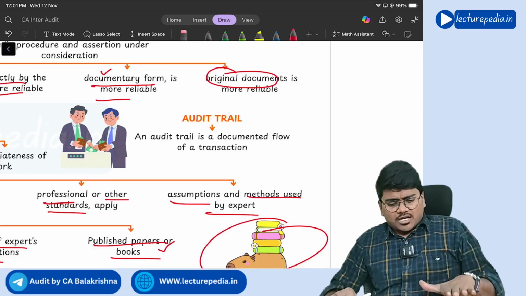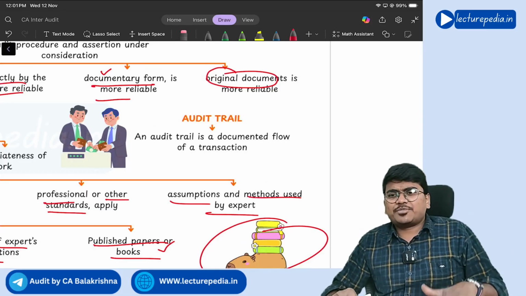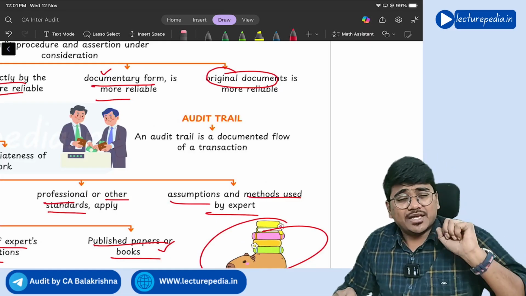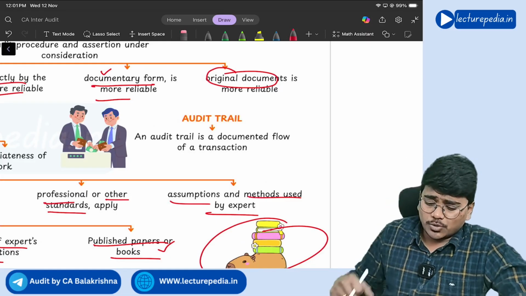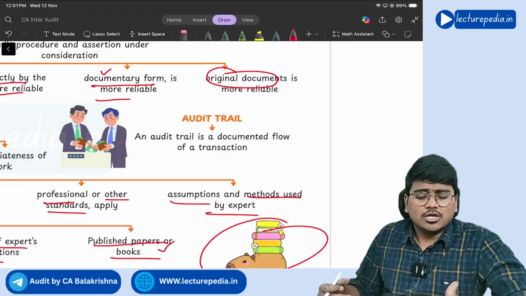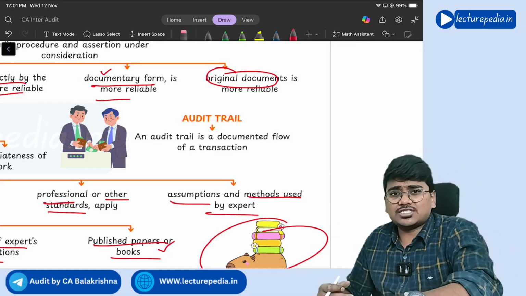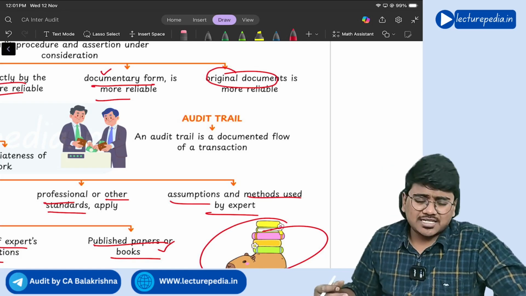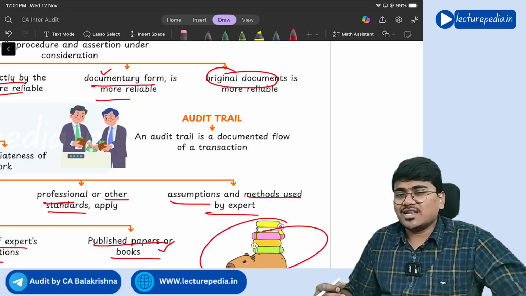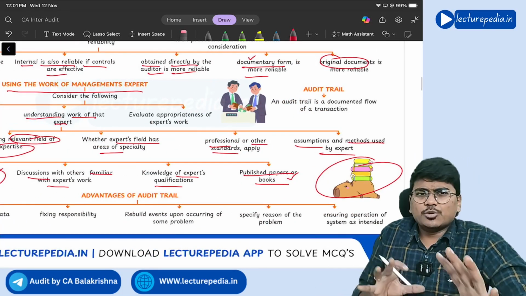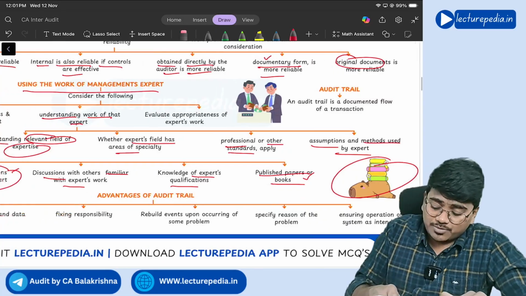If the work of the expert involves any assumptions or methods, then you have to understand what assumptions the expert has used, what methods the expert has used, and whether those assumptions and methods are reasonable or not. This you will see. So this is how you will obtain an understanding of the expert's work.